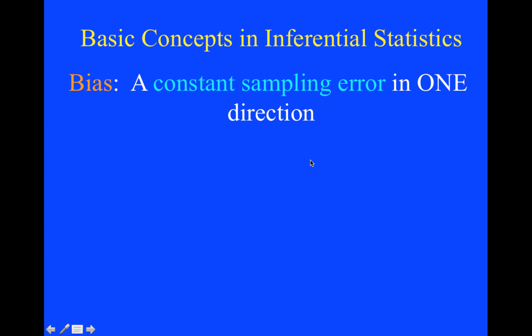Now, bias is when we would have a constant sampling error in one direction. That's referred to as bias in the sample, and we'd have a sampling error that goes all in one direction. So, for example, Sprinthall talks about the famous political poll back with Dewey and Roosevelt, where they selected a sample that was biased.